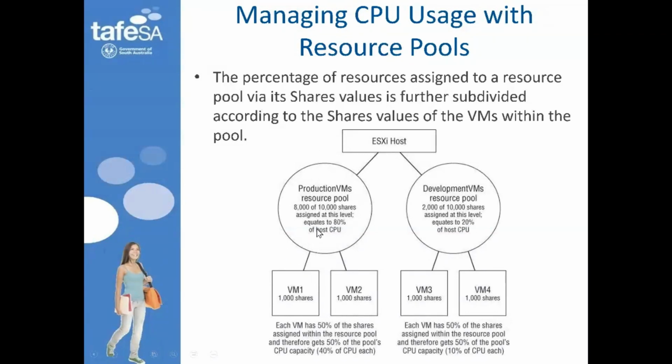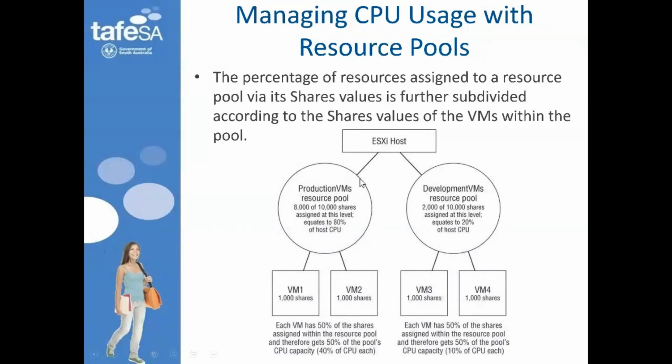Production is going to get 80% of the CPU cycles, but there are two virtual machines within the production pool, and they've got 1,000 shares each. You can see they're equal. So now they will get 50% of whatever this resource pool got.